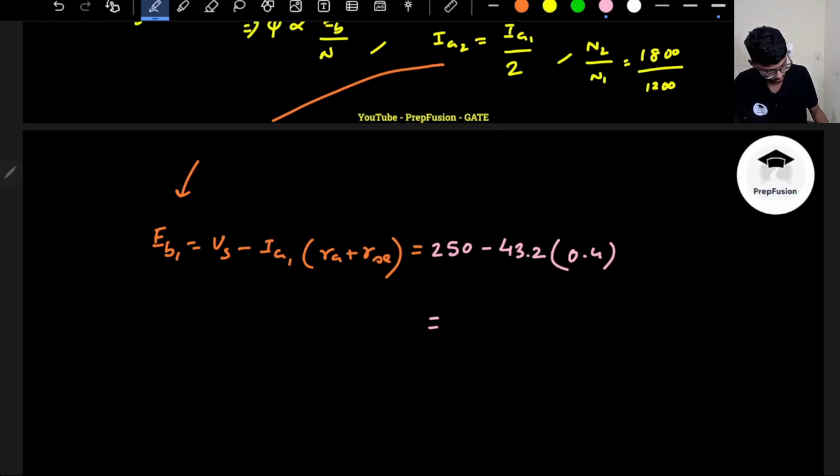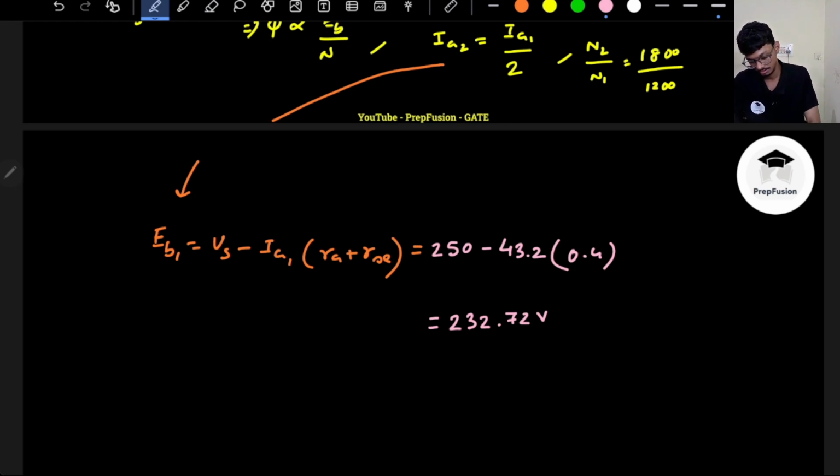So this value will be 250 minus 43.2 into 0.4, which is 232.72 volts. This will be my back EMF here.